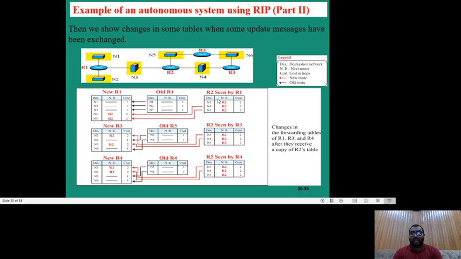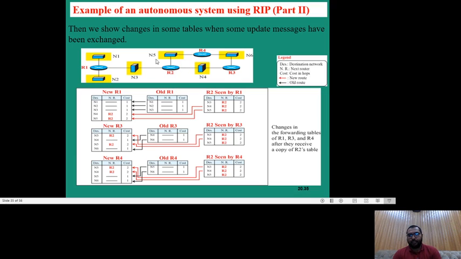Now once R2 is seen by R1, R1 will definitely update its entries through R2. It sees these two entries. So, to reach N4, where is N4?